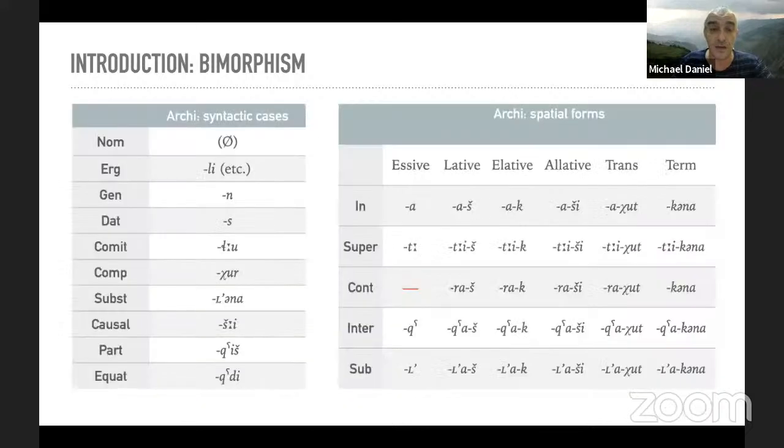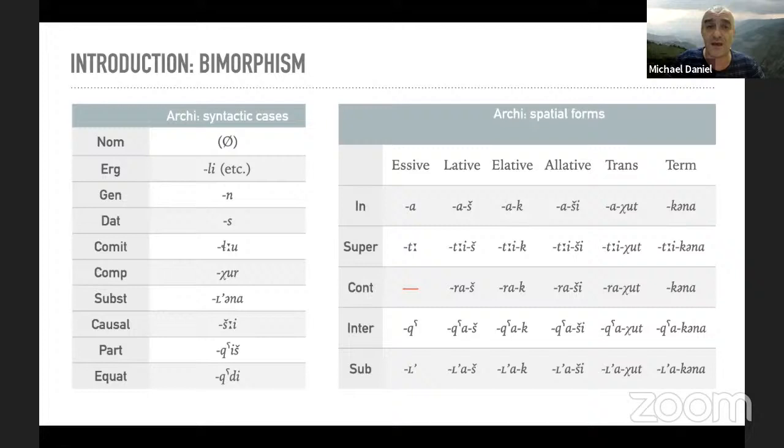Okay. So now we put the Archie forms in order. We have like 10. Is it 10? Yeah, it's 10. Fortunately, syntactic cases are on the left, and then you have a matrix of spatial forms. I avoid calling them spatial cases or cases at all.